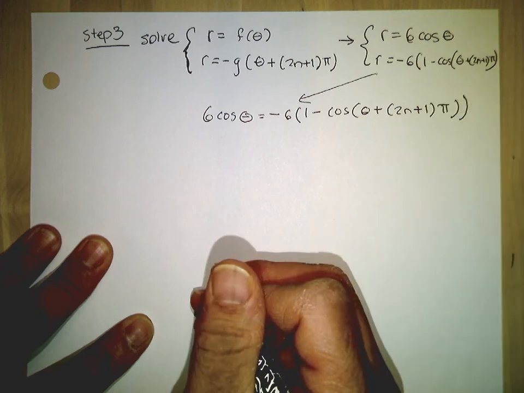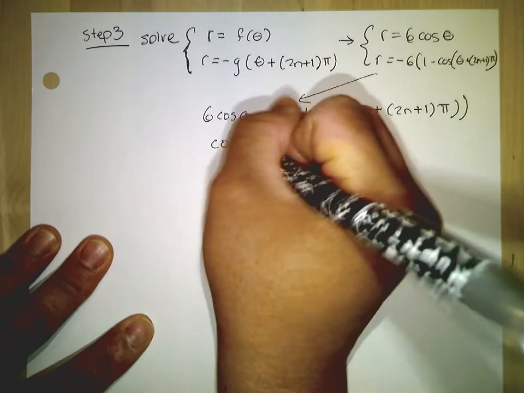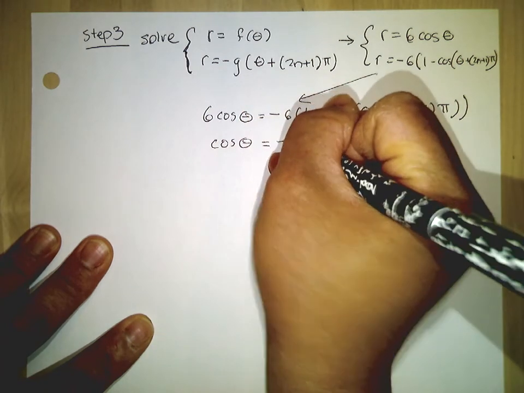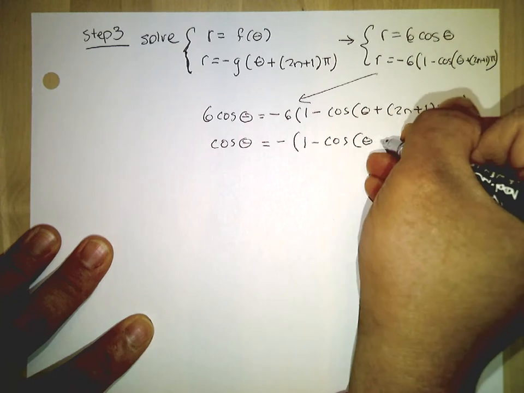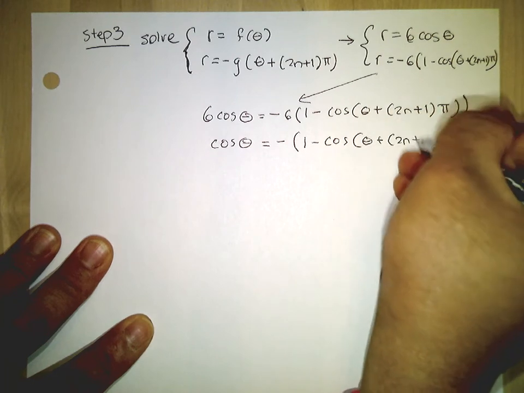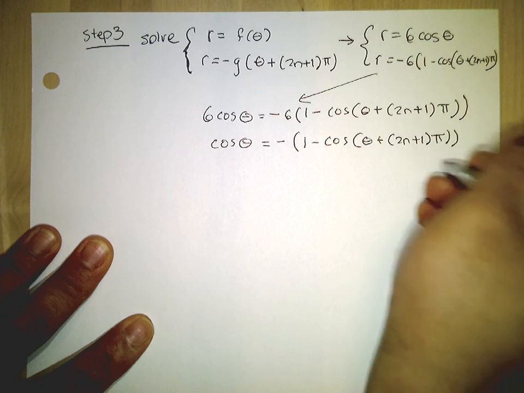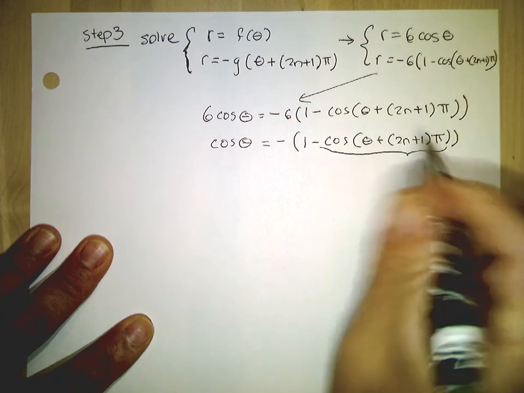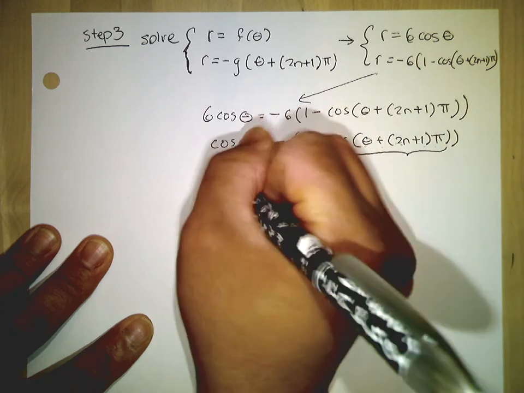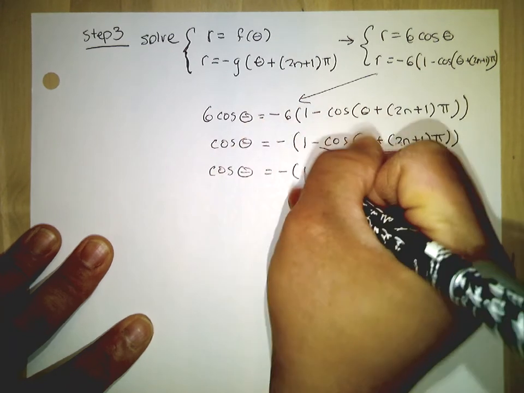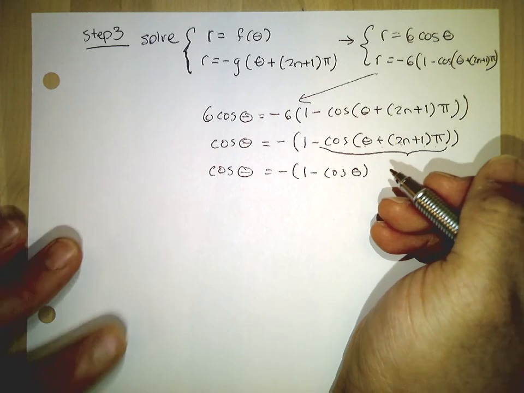That's enough parentheses. All right, so now I'll divide by 6. So cosine of theta is the opposite of 1 minus cosine of theta plus 2n plus 1 pi. Then I know that cosine of theta plus 2n plus 1 pi is just going to be cosine of theta using the same identity as before.